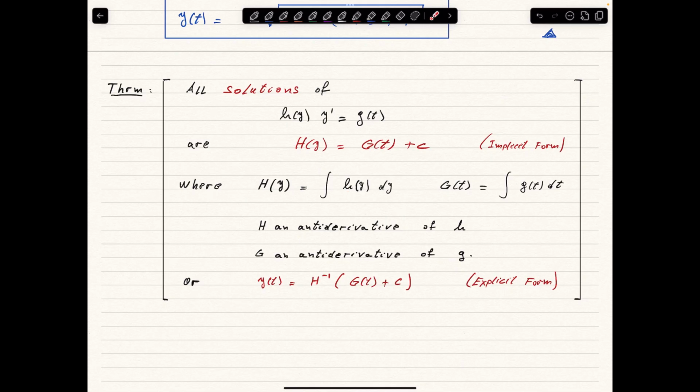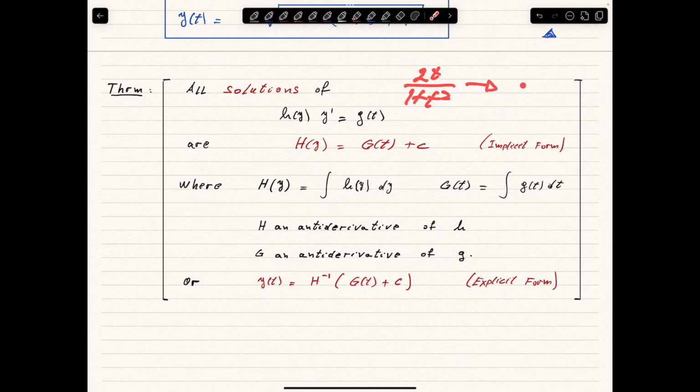So when the equation has this form with an arbitrary function h here, and you find an antiderivative of small h, you call it big H, and that is going to enter in the solution on the left side. On the right side is going to be the antiderivative of whatever function you have of t. We have this weird function 2t over 1 plus t squared.